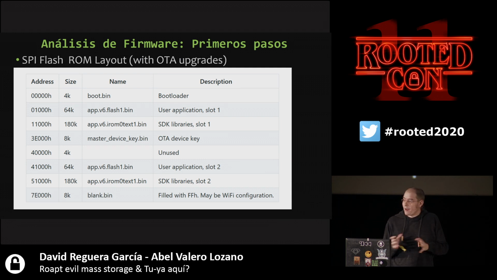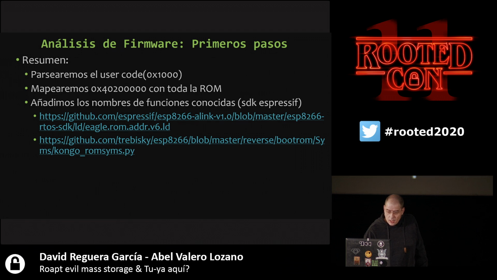Therefore, it will be rebooted. That is to say, a new firmware has been recorded hot without having to use any USB devices or anything else. So we have a boot bin. The bootloader will load the user application, either 1 or 2, depending on how the device is booted. And it also has an SDK library.